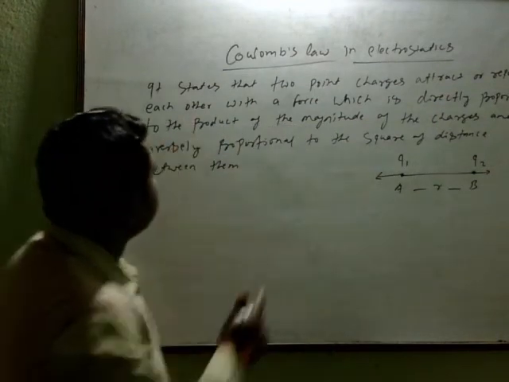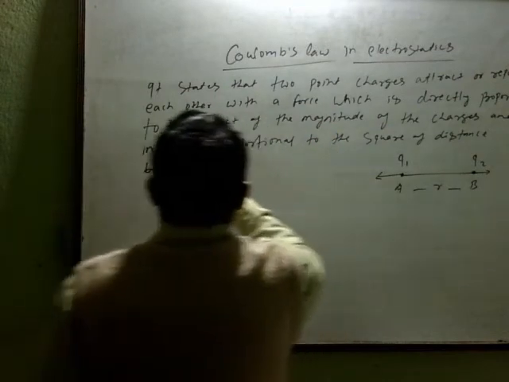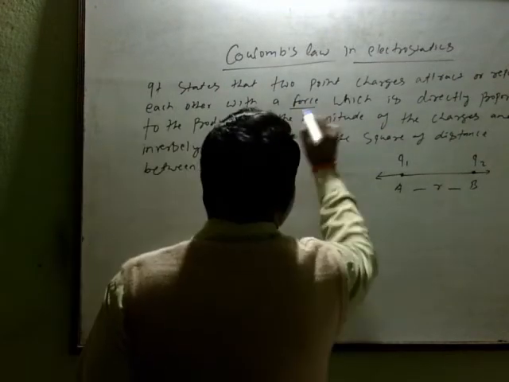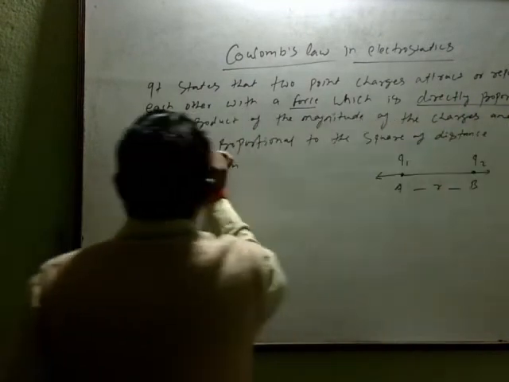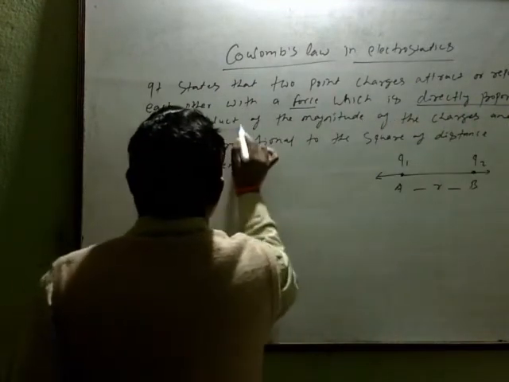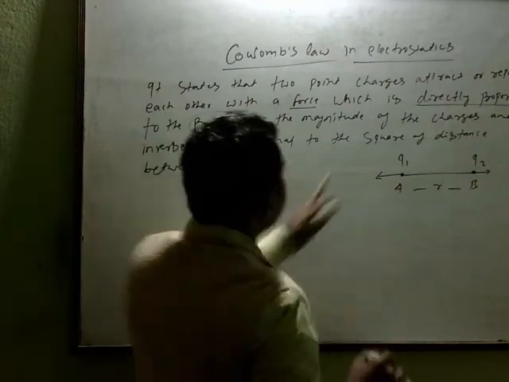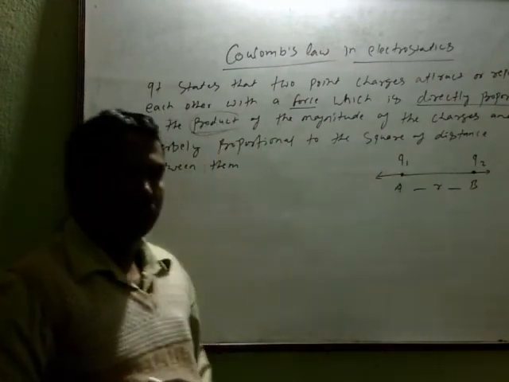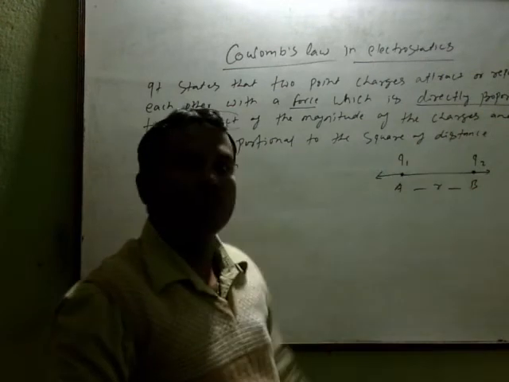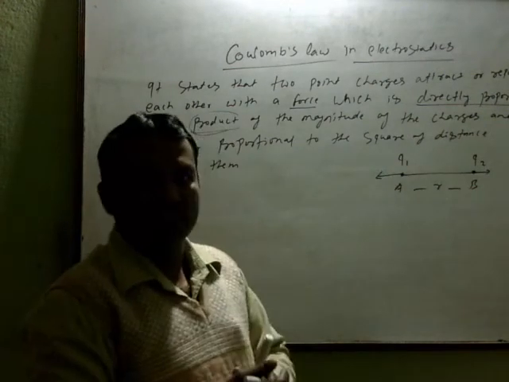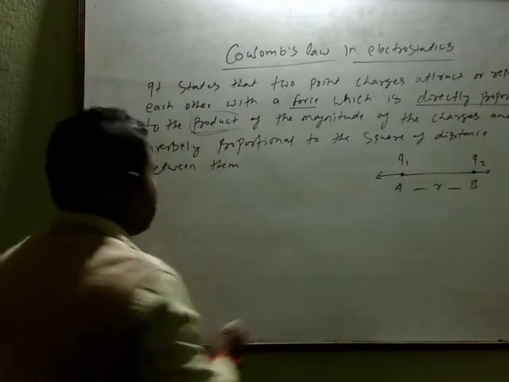I have written here, you see, force. Force is directly proportional to the product of the magnitude of charges. So here we have assumed Q1 and Q2, what are Q1 and Q2? Charges. You can write it also here.